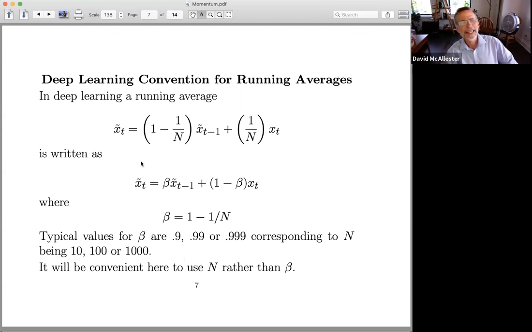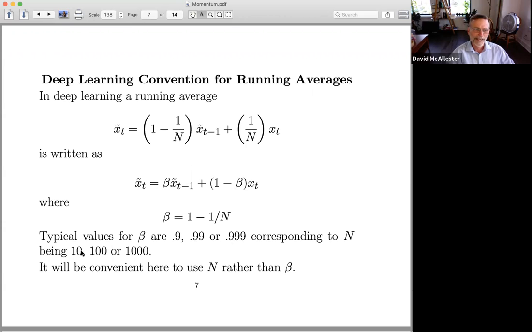Many of them involve estimating things by rolling averages over the SGD, or these exponential decay averages. In the literature and in PyTorch, in standard formulations, you'll see this formula parameterized differently. You'll typically see it parameterized this way, where beta is 1 minus 1 over n, and 1 minus beta is 1 over n. And so you'll typically see betas that are 0.9, 0.99, or 0.999.